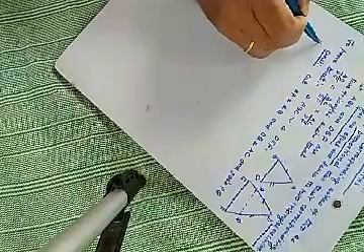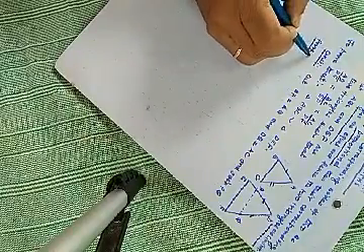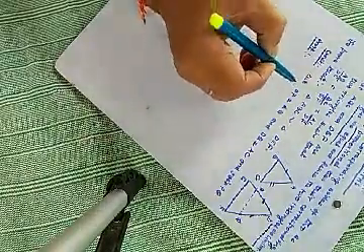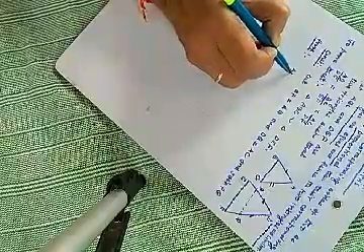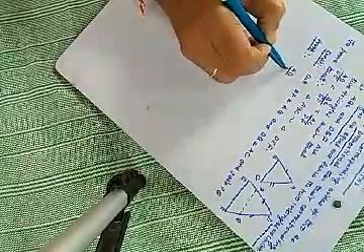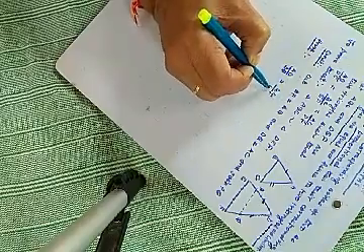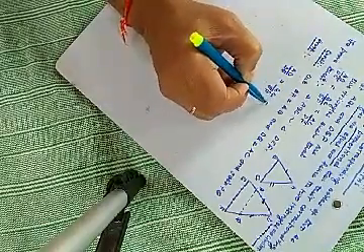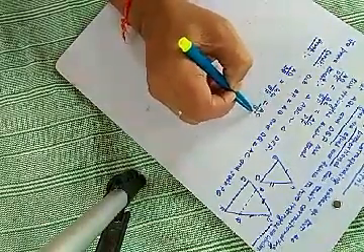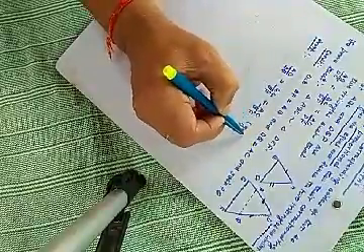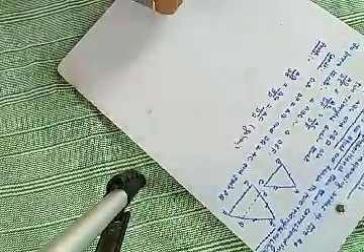Now proof. AB upon DE is equal to BC upon EF is equal to AC upon DF. This is given.